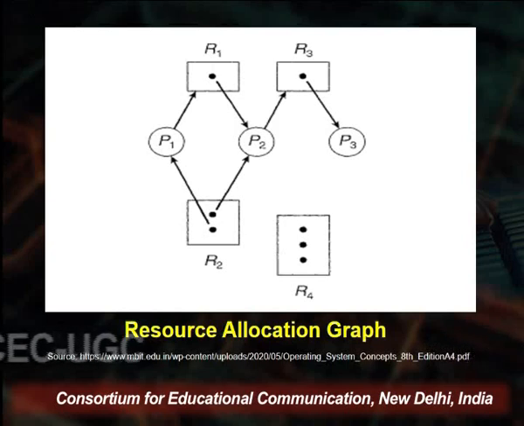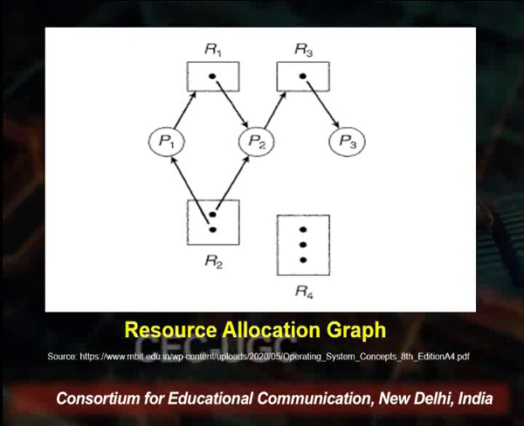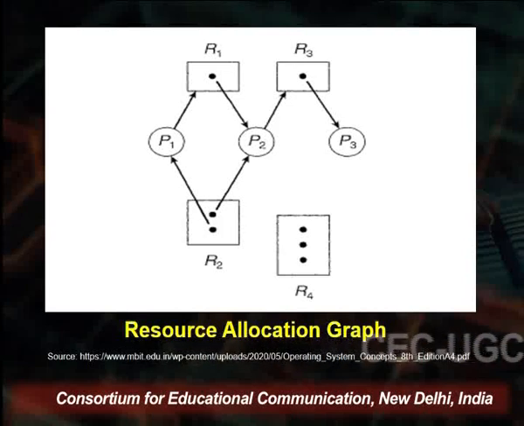So there will be a minimum of 2 cycles in the system if we add one more request edge from P3 to R2.